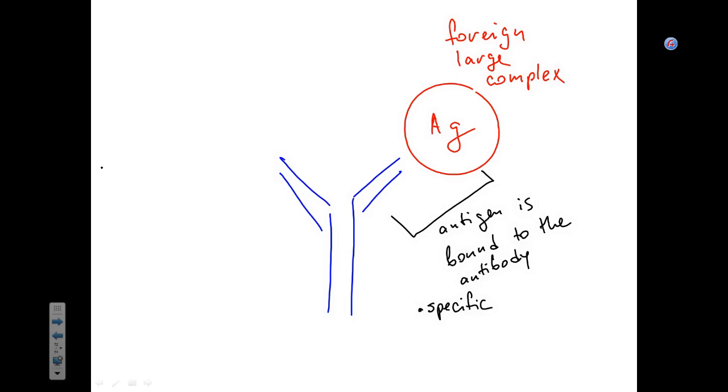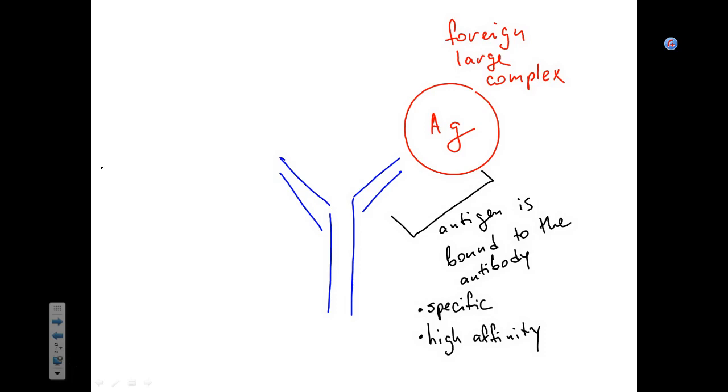It means that an antibody may bind a human protein, but it will not bind a monkey protein. Okay, so it's super specific, and binding happens with high affinity. High affinity means that this complex of antigen-antibody is really strong and it's hard to separate.